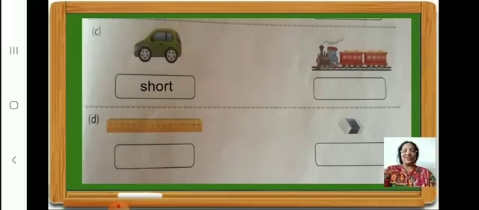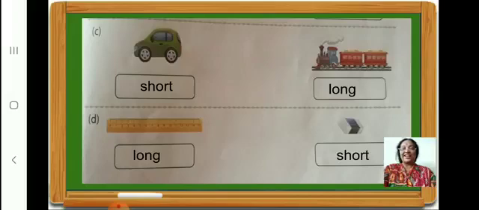The train on the right hand side is long. Now let's do question D. The ruler on the left hand side is long. Eraser on the right hand side is short. Now children, you can write this in your maths textbook. Okay?